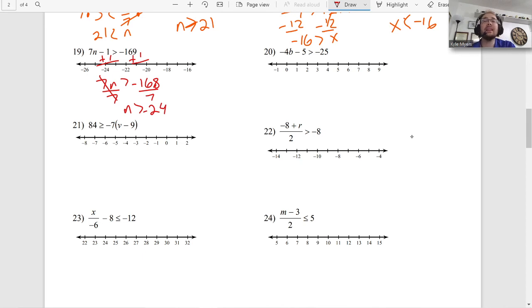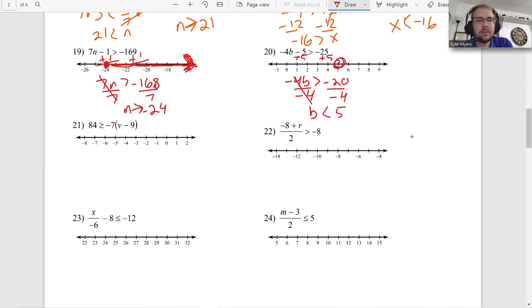And it's going to be negative because I'm dividing a negative by a positive. So there we go, negative 24. And it's going to the right. It's going this way. All right, so here we want to add 5 to both sides. Add 5, negative 4b greater than negative 20. Divide both sides by negative 4. B is going to be less than positive 5.